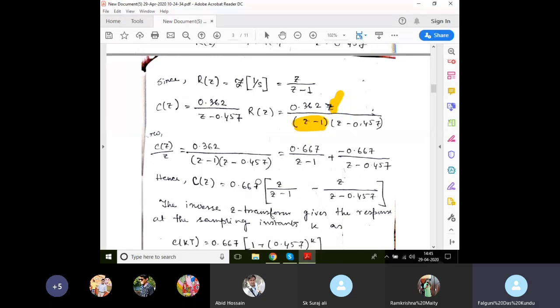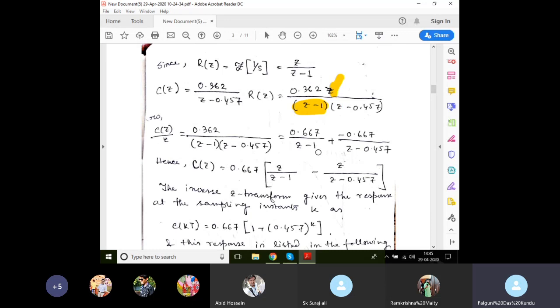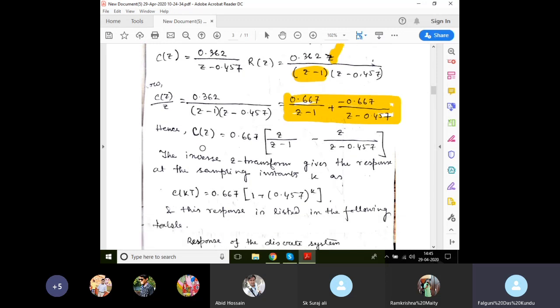Now, what is the value of C(z) by z? C(z) by z is 0.362 divided by (z minus 1) into (z minus 0.457). After partial fraction, we find C(z) by z is this. So we get C(z) is 0.667 into z by z minus 1, multiplying by z again, minus z by z minus 0.457.